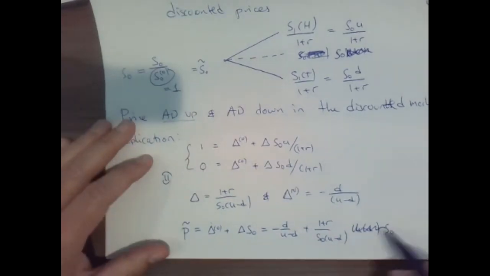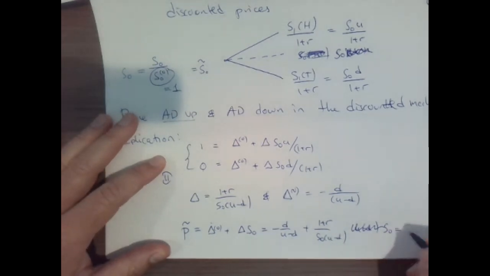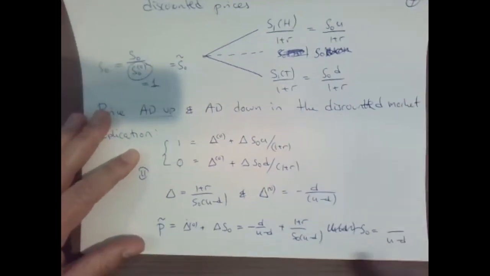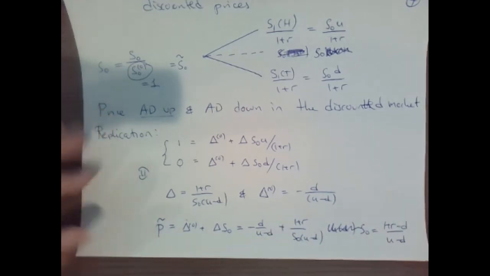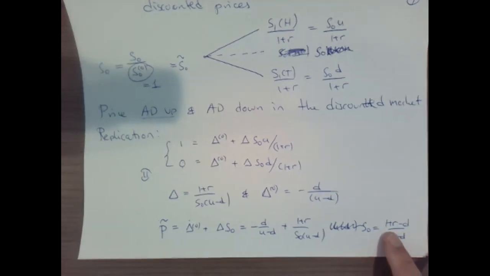So the s0s you cancel, u minus d, you can see you will combine. You have u minus d in the corner, the s0s you cancel. I get 1 plus r minus d. And we need to see that this is a positive number, right? 1 plus r dominates d.